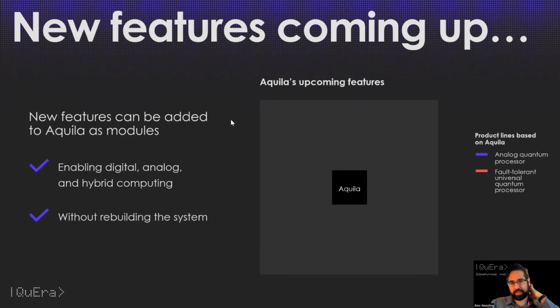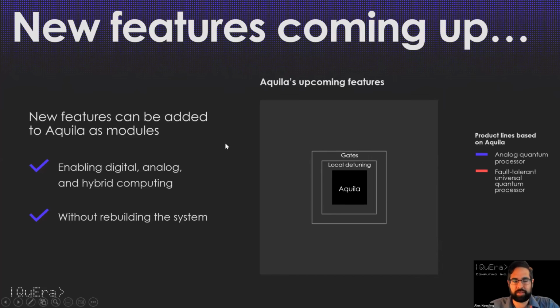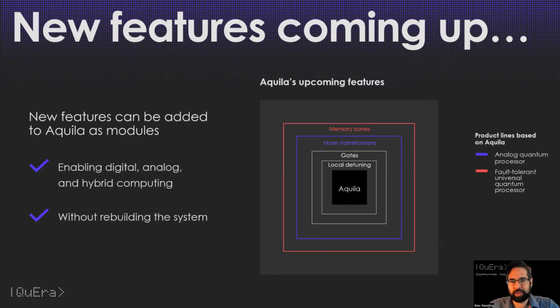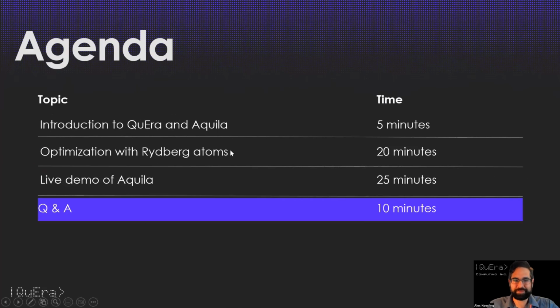And these capabilities will enable you to extend the types of problems that you can solve, for example, by introducing more controlled local detuning, but also to move towards a gate-based architecture by having the ability to control and program individual and 2-qubit gates. There's much more to it, and there's a very exciting future in terms of technological development at the company. A lot to look forward to.